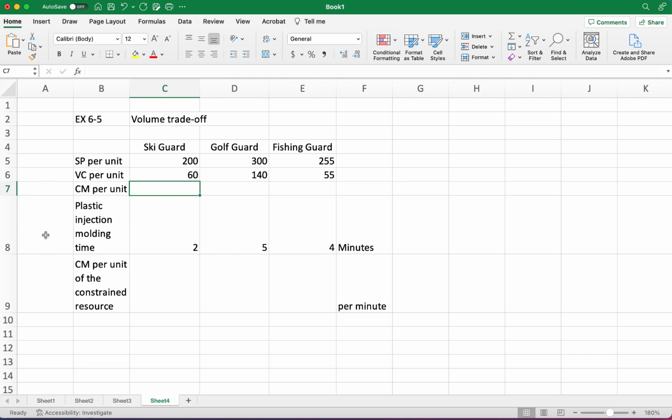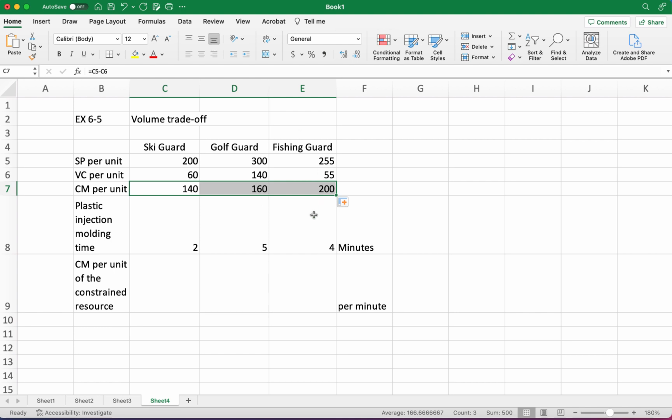Nothing new here. You've seen this a million times before. All we have to do is calculate the contribution margin per unit. To do that, you take the sales and subtract out the variable cost. So we get a $140 contribution margin just for the ski guard. We're going to do the same thing for the golf guard and for the fishing guard.